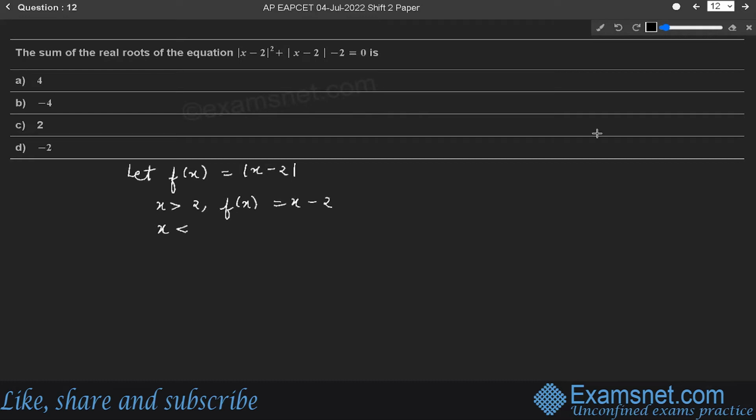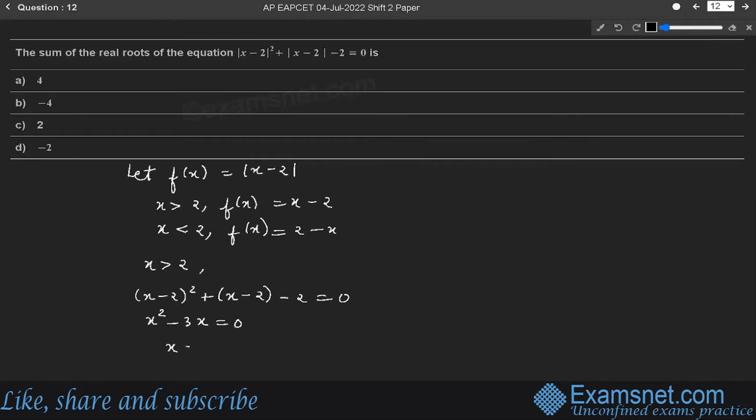And when x is less than 2, f of x will be 2 minus x. Thus, for x greater than 2, the equation becomes x minus 2 whole square plus x minus 2 is equal to 0. On further solving, it is x square minus 3x is equal to 0. Therefore, the root of this equation for x greater than 2 is 3.